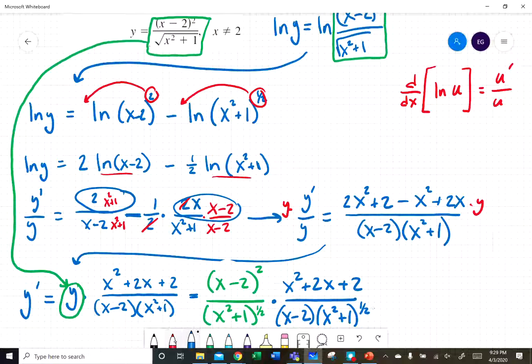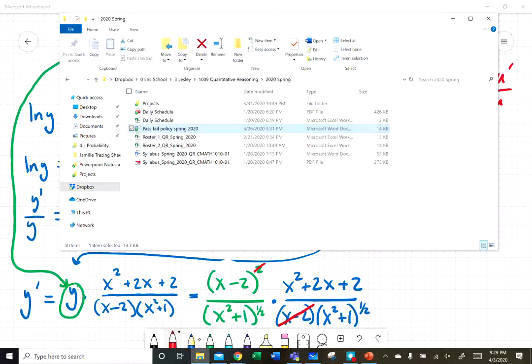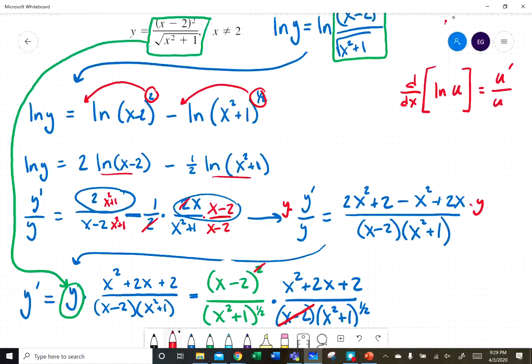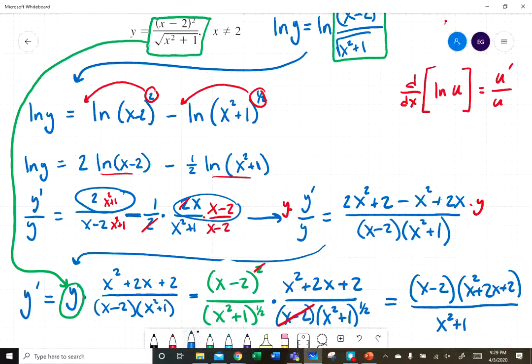We could do a little bit of canceling here. This x minus 2 cancels one of these x minus 2's. And it looks like when it's all said and done, y prime is equal to x minus 2 times x squared plus 2x plus 2, all divided by x squared plus 1 to the power 3/2.